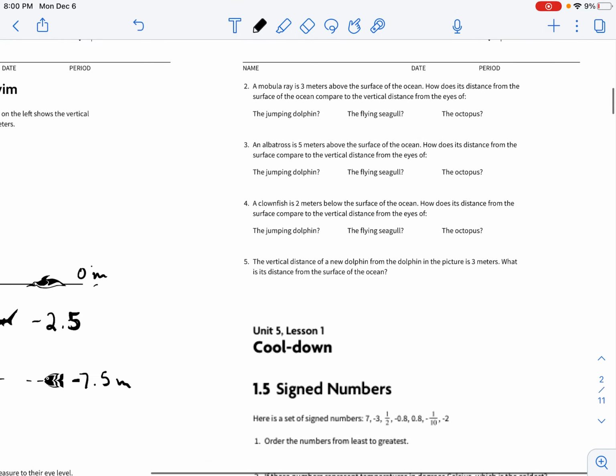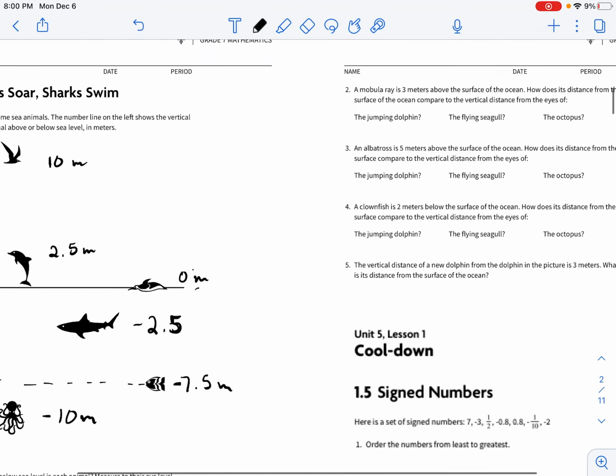Okay, it says Mobula Ray is 3 meters above the surface of the ocean. How does its distance from the surface of the ocean compare to the vertical distance from the eye of the jumping dolphin?